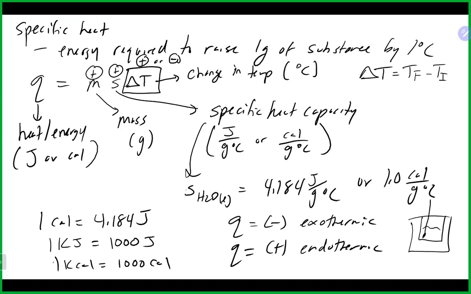Remember that when we're talking about energy and heat, it is transferring from hot to cold, but we also talk about the system and the surroundings. And remember that the system is really anything that you're dealing with. It could be your test tube, your beaker; the surroundings is obviously everything else. So remember that when, say, the system loses energy, that's going to be negative for the system.